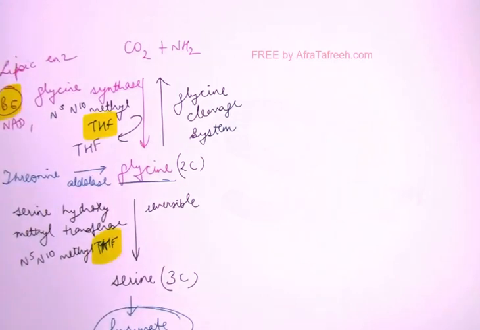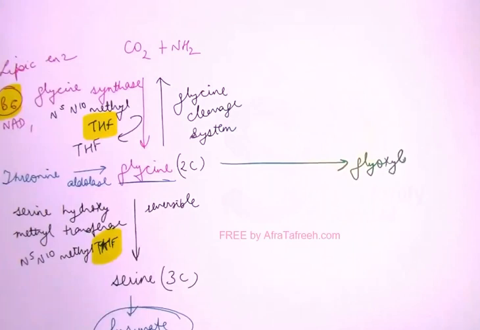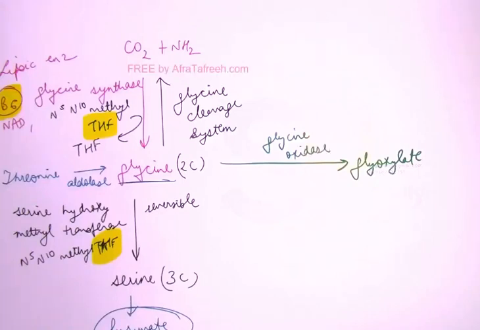Now glycine gets converted to glyoxylate, and here the enzyme is glycine oxidase. Glyoxylate also is 2 carbon. Like glycine, it is also 2 carbon. Glyoxylate can be converted to formate by removal of 1 carbon dioxide.